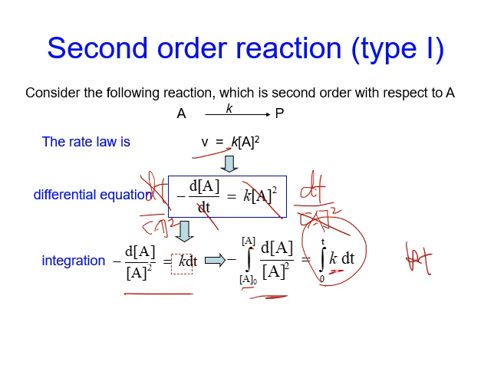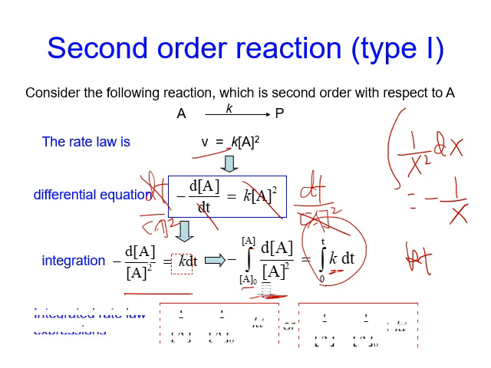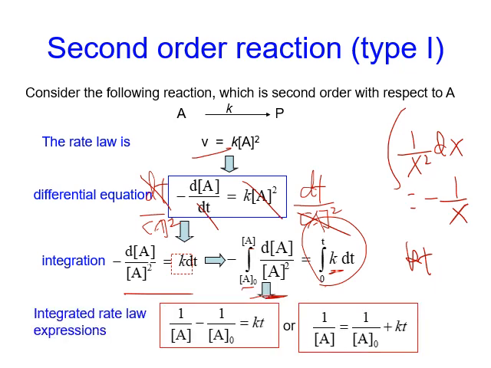The left side is a standard integral, 1 over x squared dx, which is negative 1 over x. Therefore, the integral rate law is 1 over A minus 1 over A naught equals kt.